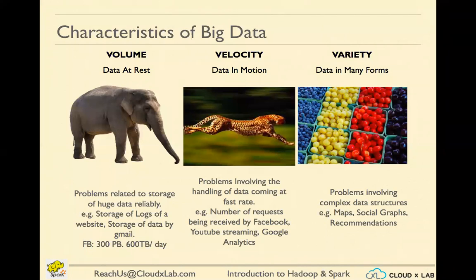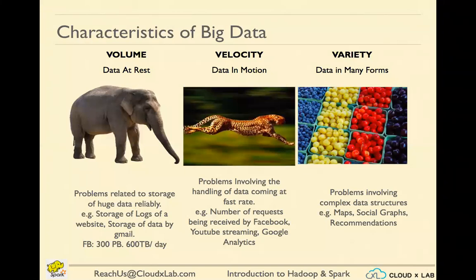You would require many computers to store such data reliably. So volume is a characteristic because of which we might need a distributed system.